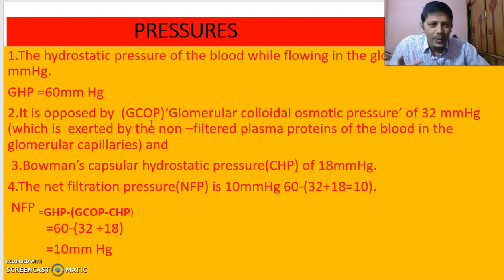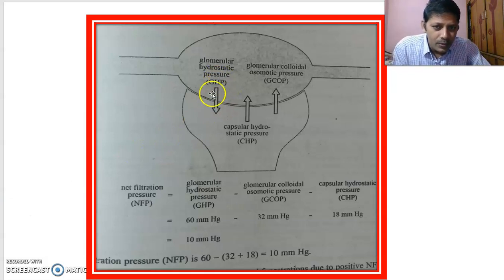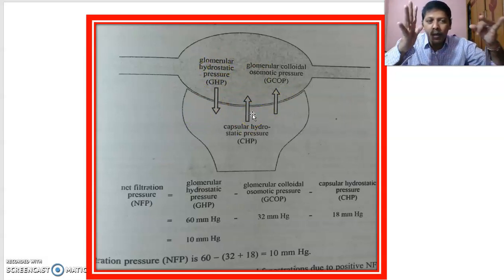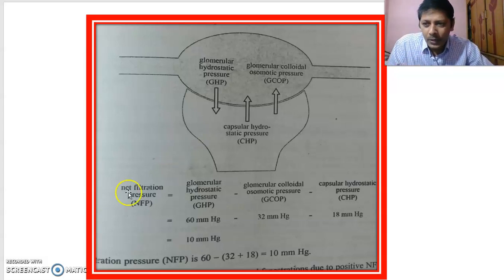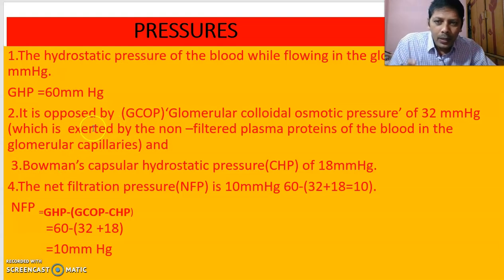What are those two pressures and what are their values? You can observe here, this one is the pressure coming down, but these two pressures are opposite, upward pressures. Glomerular hydrostatic pressure is opposed by two pressures.